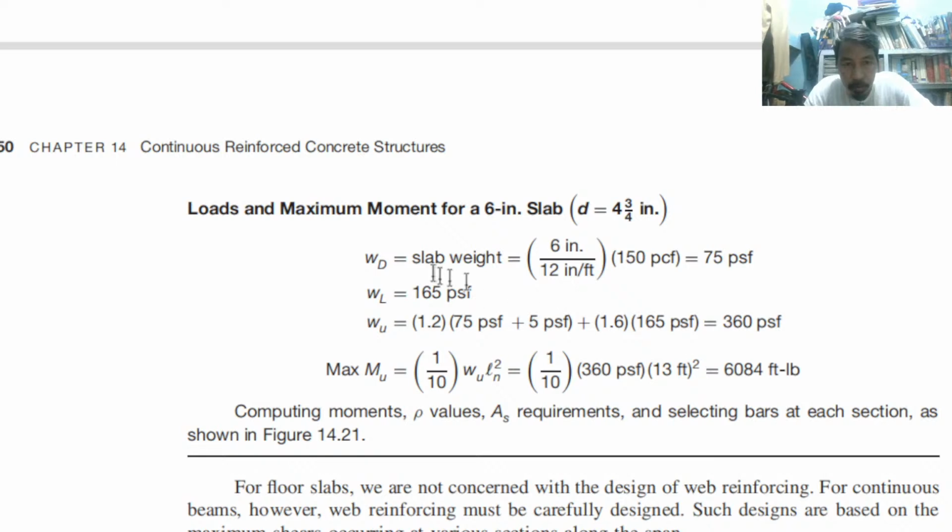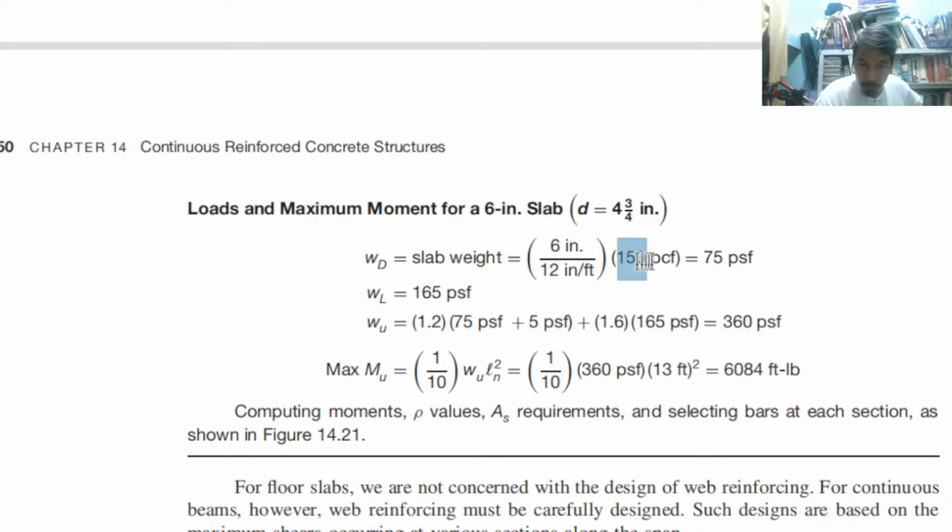Therefore, dead load, the slab weight for the slab alone. How much is it? One foot is 12 inches, so you can just divide. 6 divided by 12, that is 1/2 foot.